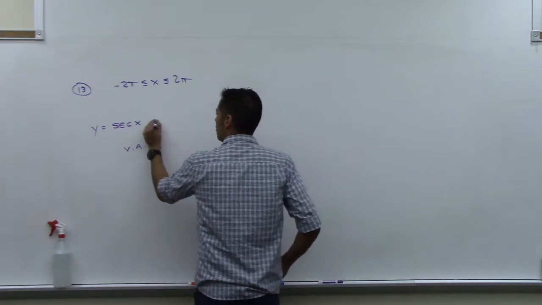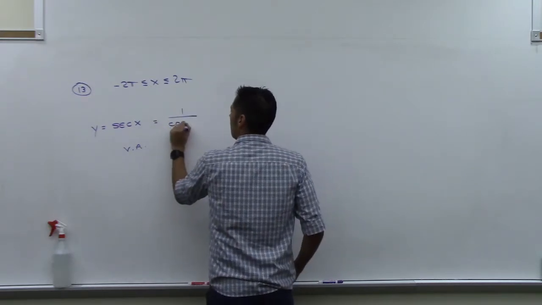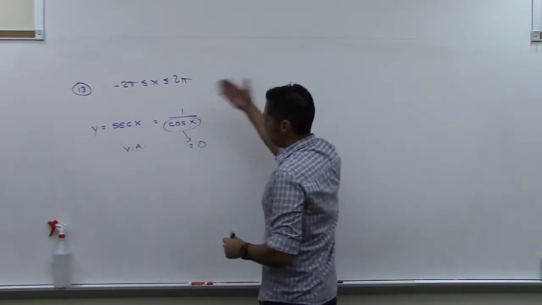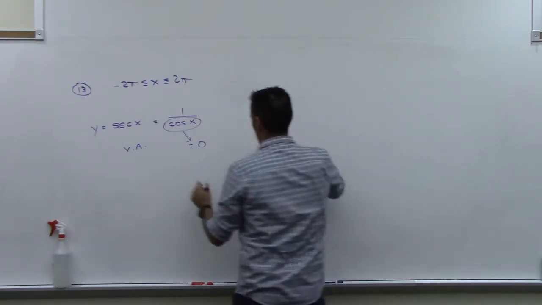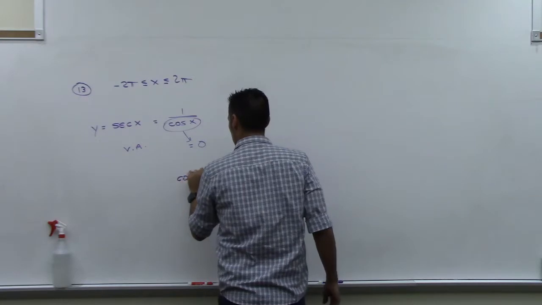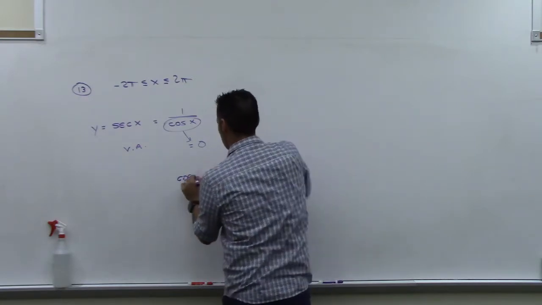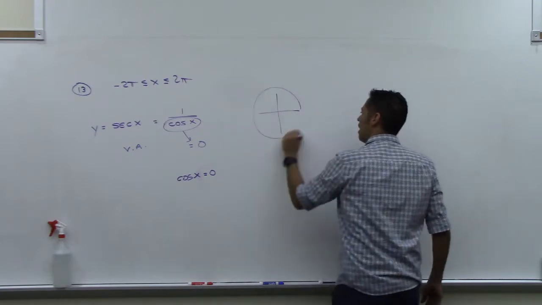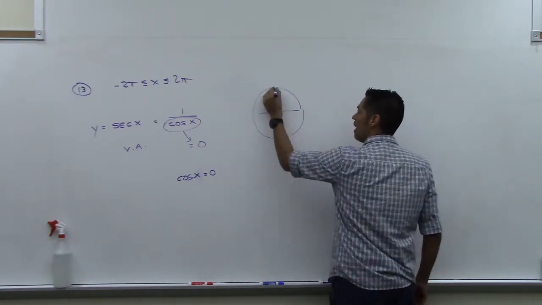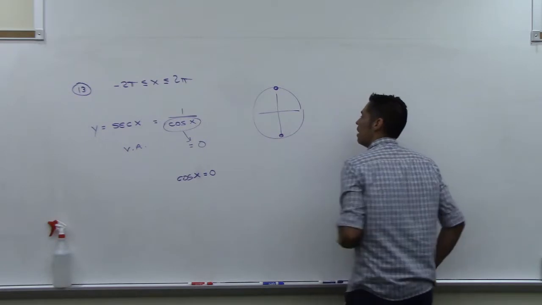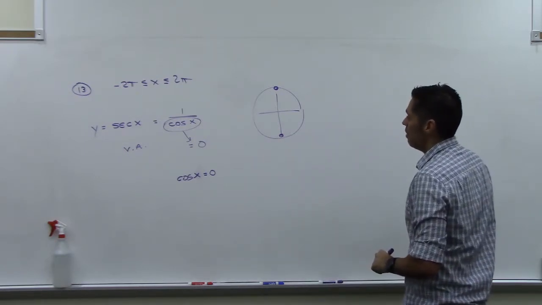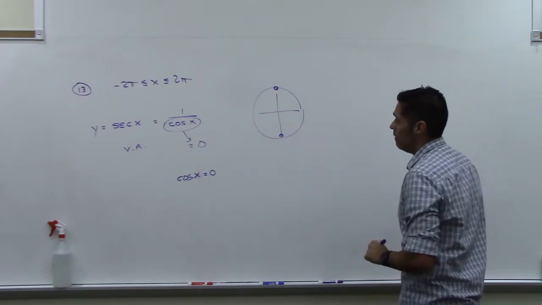Well, vertical asymptotes are going to occur whenever this is 0, because then we'll be undefined. So you're really asking the question, when is cosine x equal to 0? So if you go to your unit circle, you're saying where is the x-coordinate 0? And that actually happens here and here. And we need all the possible answers that are between negative 2 pi and 2 pi.